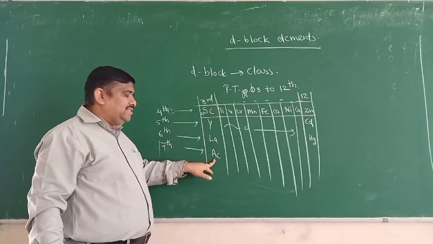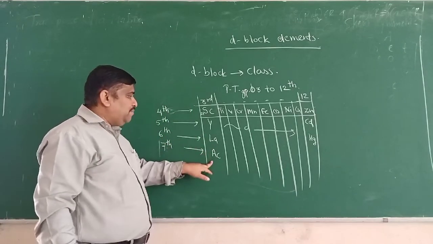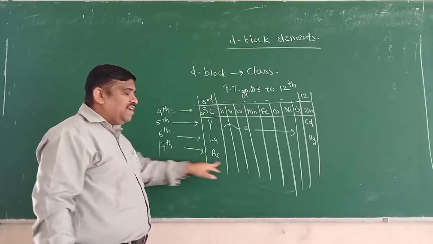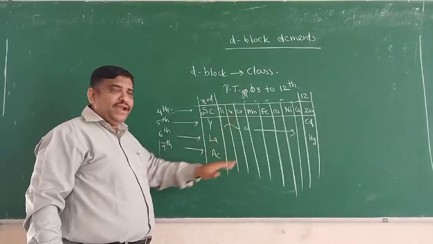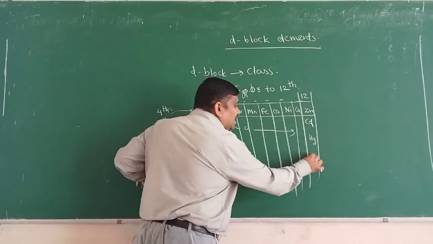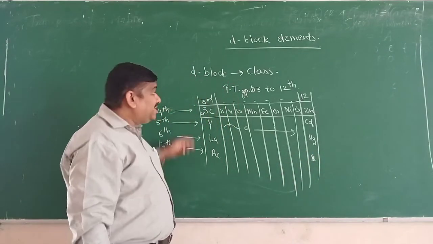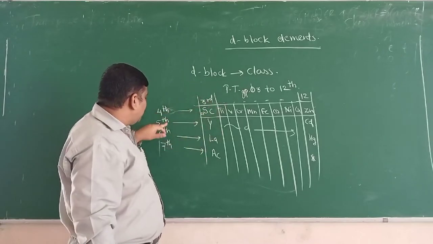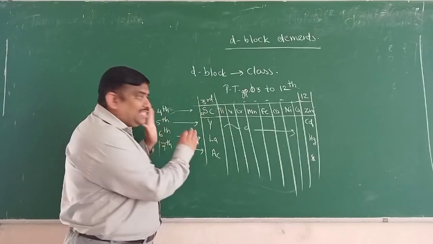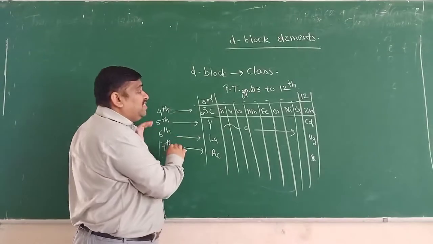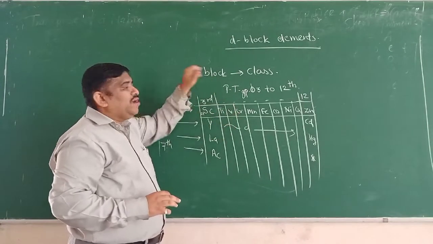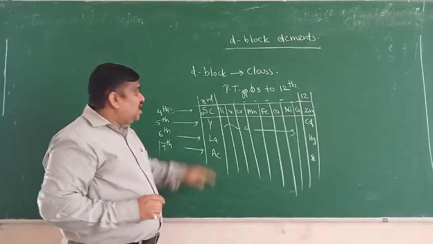Actinium is the first element in the 7th period, and we know that the 7th period is incomplete, therefore there is no last element in the 7th period. Why am I writing these 4th, 5th, 6th and 7th? Based on these periods, the d block elements are classified.